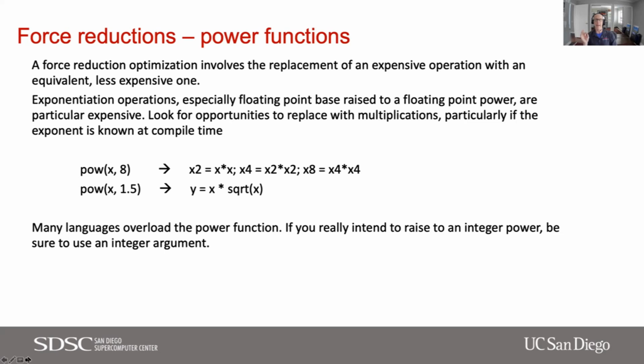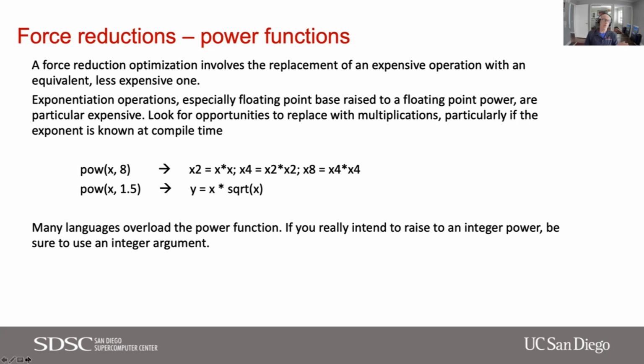So if you know an exponent at compile time, instead of calling the power or exponentiation function, you can just write out a series of multiplications. So in this case, x to the 8th power, I could calculate x squared, and then x to the 4th from x squared, and then x to the 8th from x to the 4th.